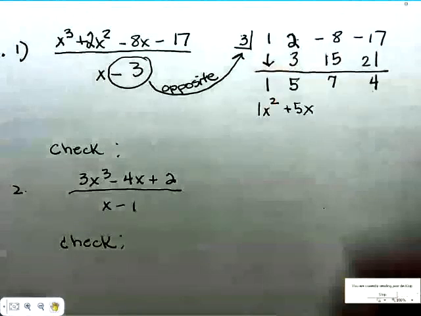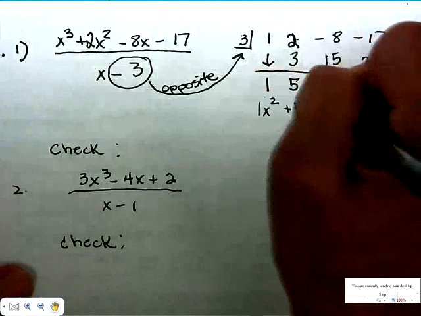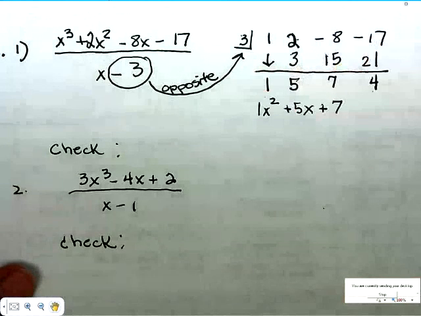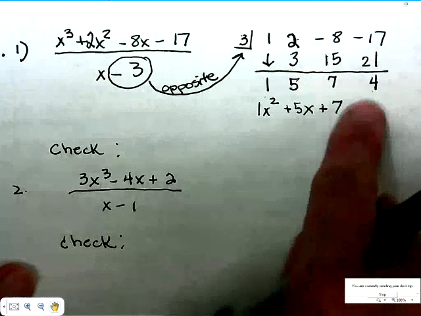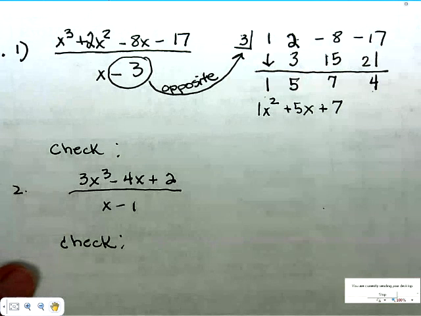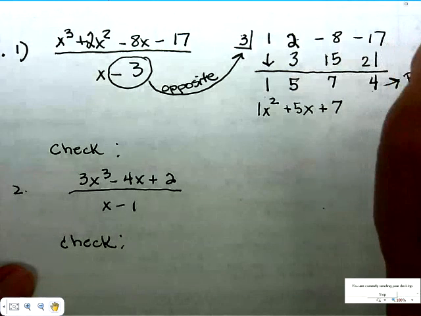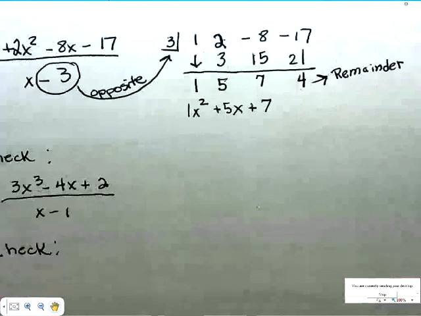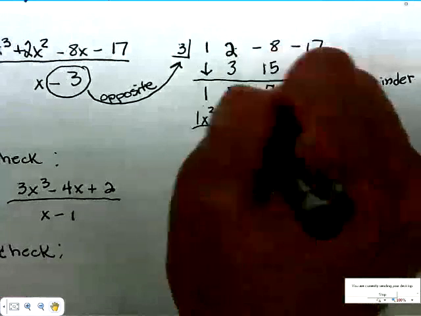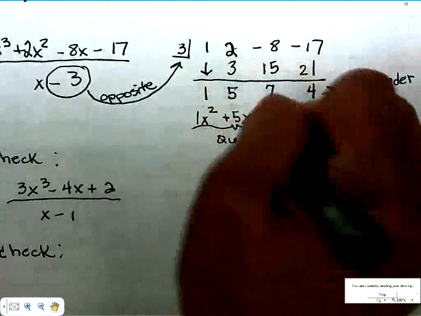That 7, well, the next lowest exponent would be 0, or just that term has no x, it's my constant. Since I've run out of powers of x, what must this last number be? That's my remainder. X squared plus 5x plus 7 is called my quotient, and 4 is my remainder.